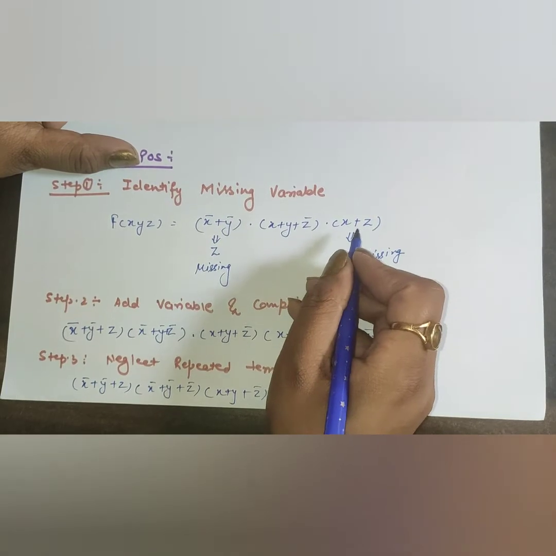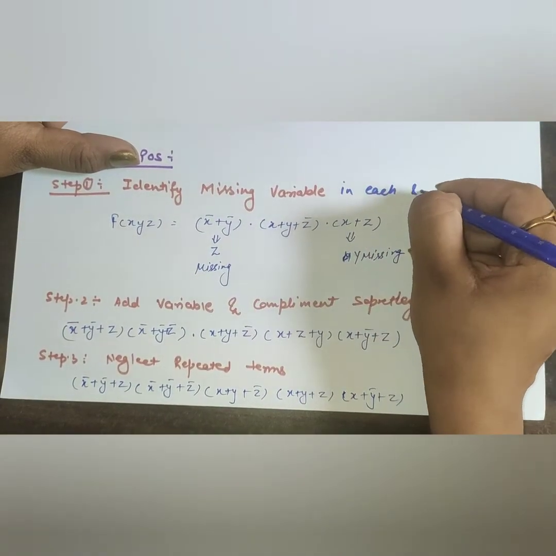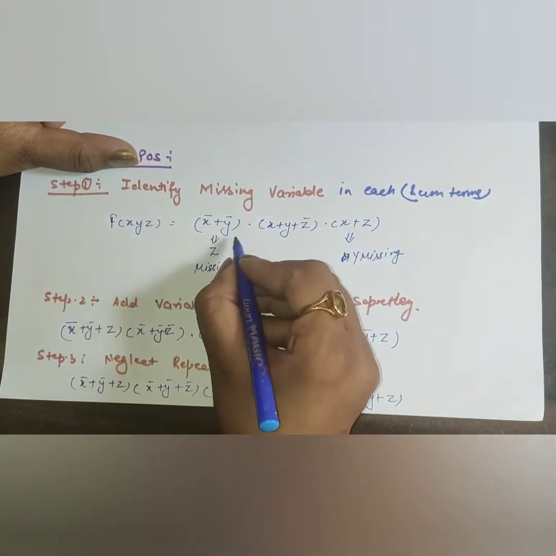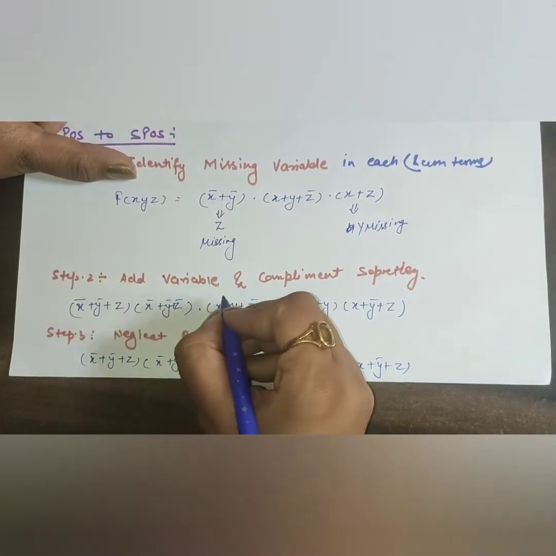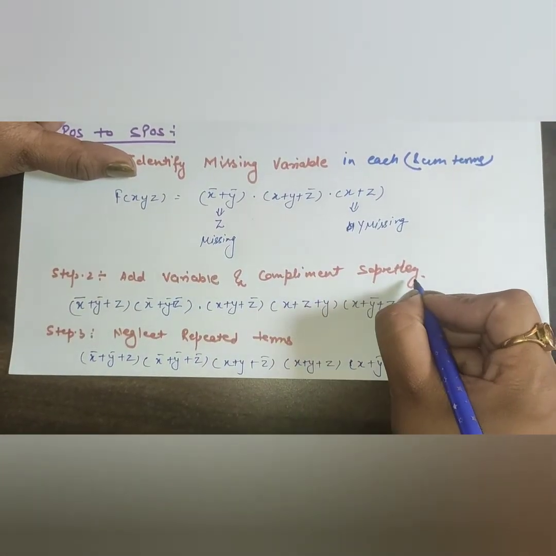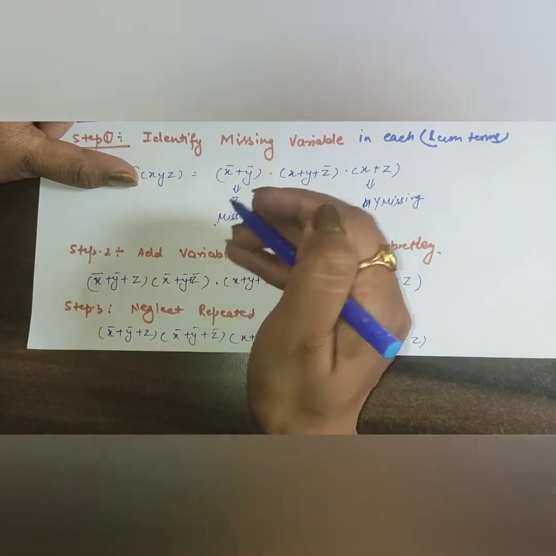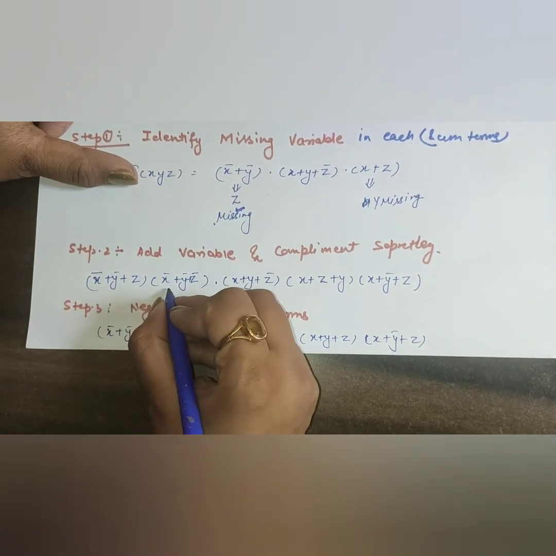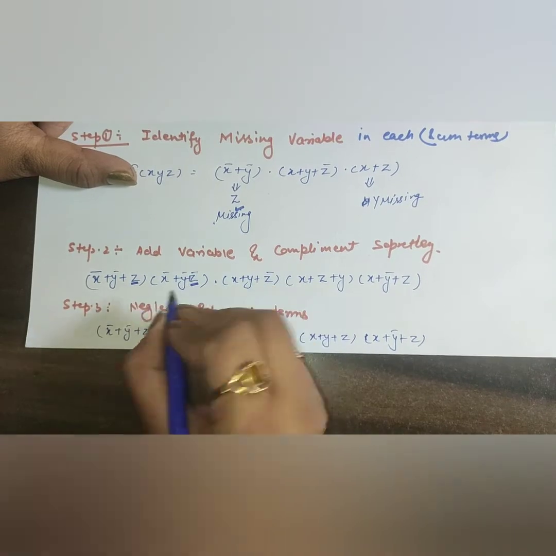We have to identify the missing variable in each summation term. Here z is missing and here y is missing. So add the variable and its complement separately. Like z is missing, so x plus y bar plus z and x plus y bar plus z bar. We have to add z and z bar separately.